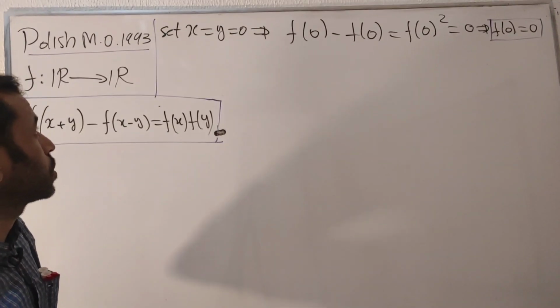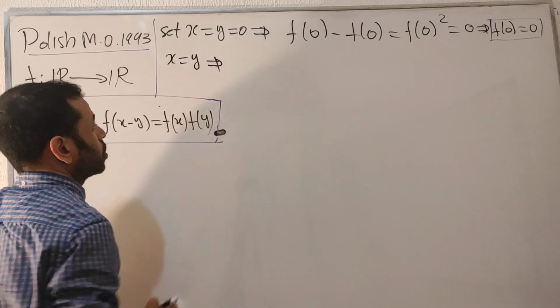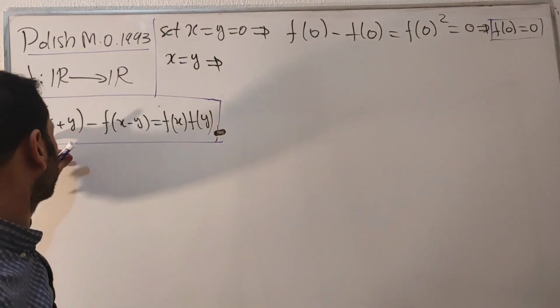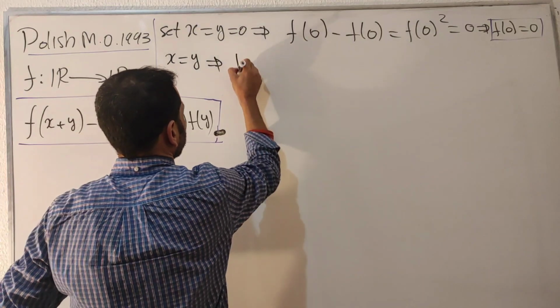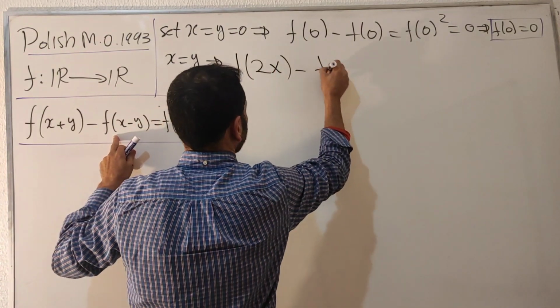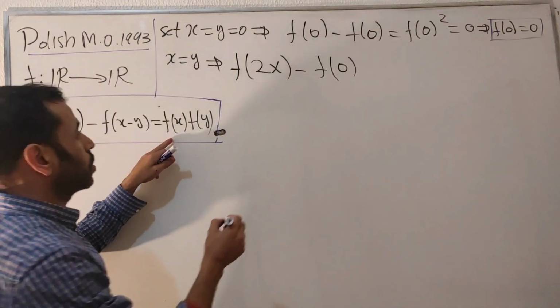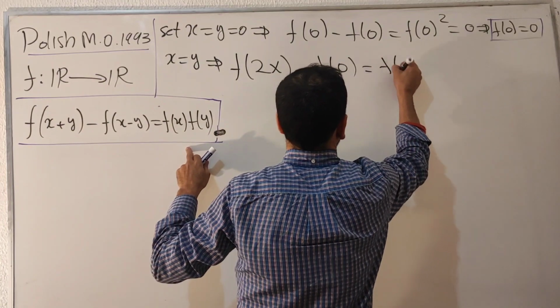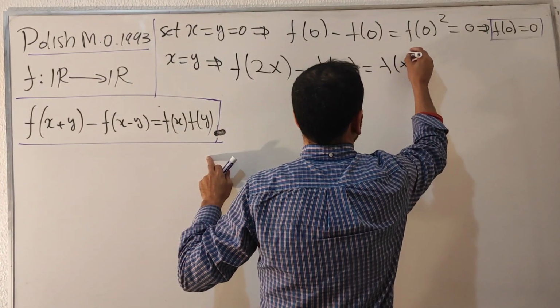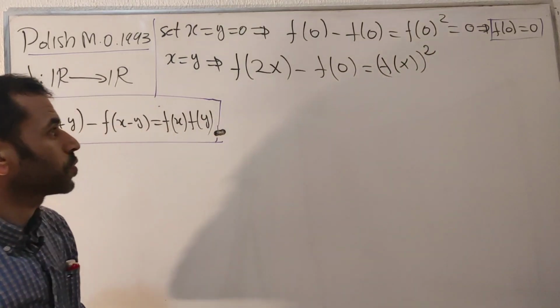Also, I'm going to set x equals y to see what's the next expression. So we get f of 2x here, and minus f of 0 because x equals y. This one is giving me f of x squared.